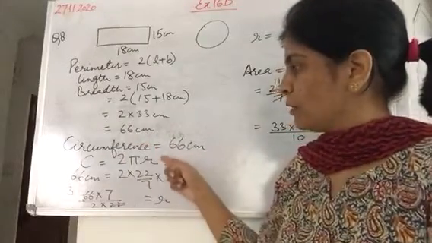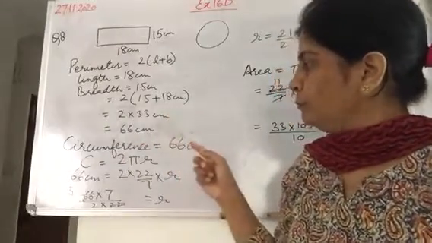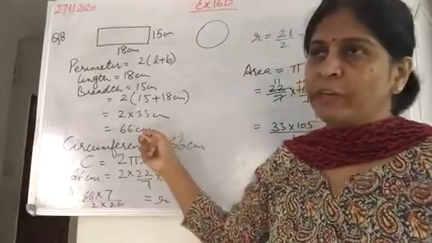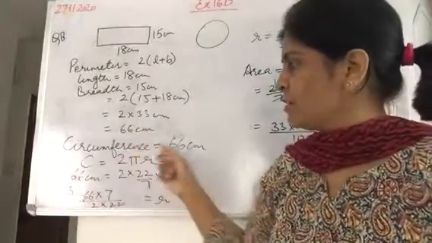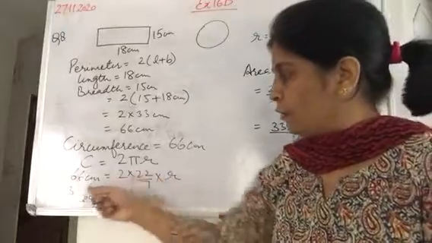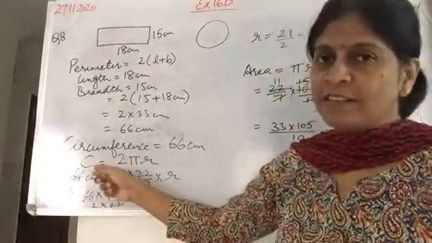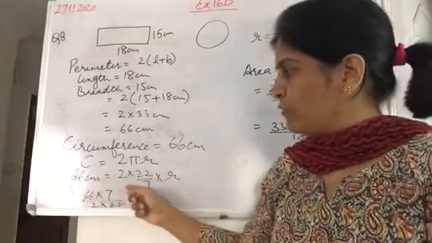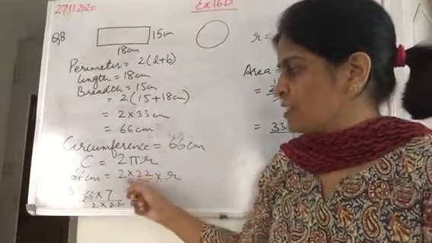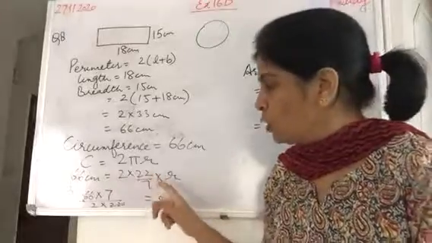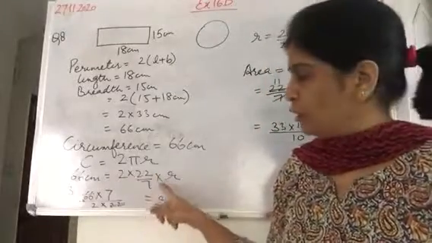So from 2 times (L plus B) we calculated the circumference, that is 66, equals 2 pi r. Now when we simplify it, we put the value, and because 66 is divisible by 22, we have taken 22 by 7 into r.